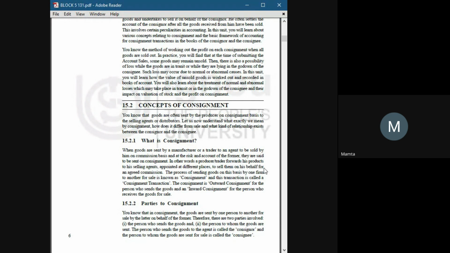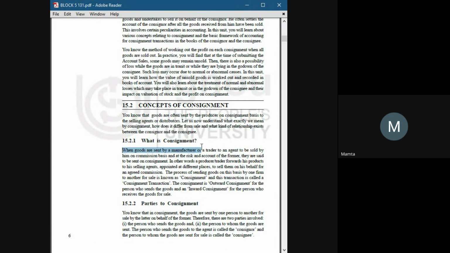It could be a person, any kind of institute, or any kind of firm who works as an agent. Okay, let's read the concept of consignment.